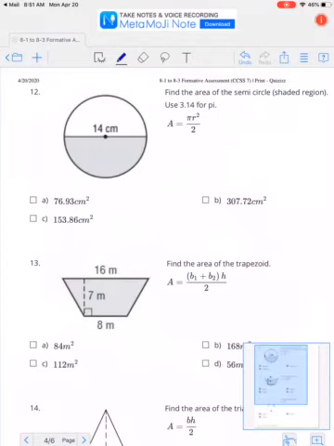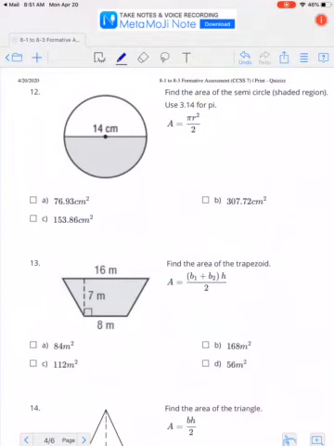Alrighty, number 12. So it says find the area of the semicircle, which is the shaded region. So we're only looking for the bottom half. So remember, our formula is the same thing as finding the entire area of the circle, but then we have to divide by 2. So if you looked at the circle, you would have your diameter is 14.